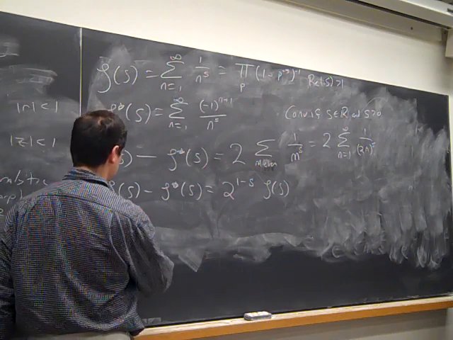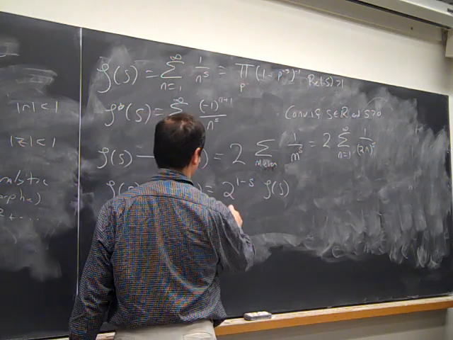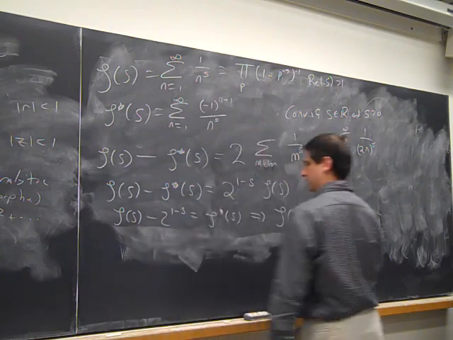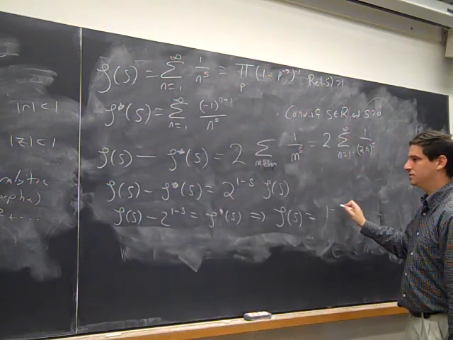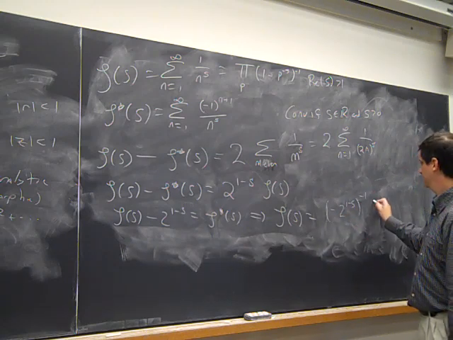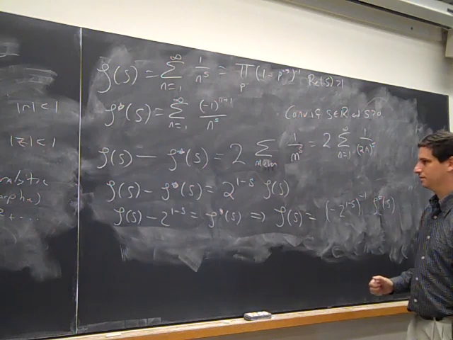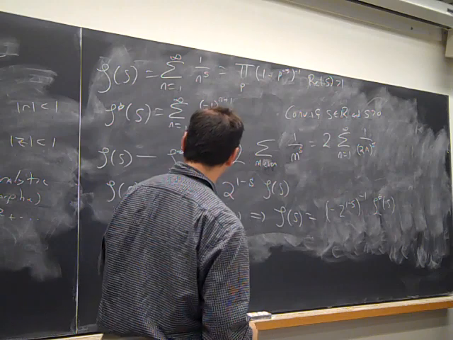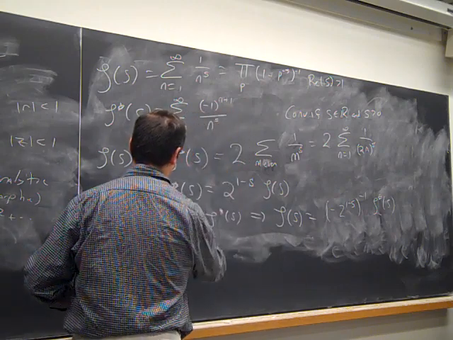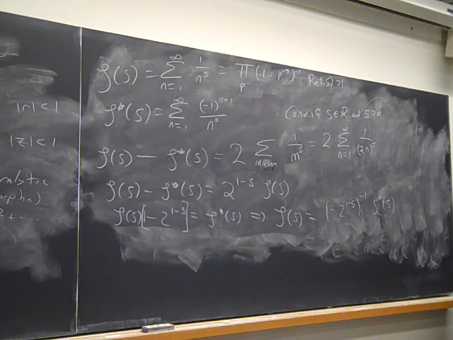So I get zeta of s minus 2 to the 1 minus s zeta of s is zeta star of s. Or, in other words, zeta of s is 1 minus 2 to the 1 minus s inverse zeta star of s. You left a zeta out of the left-hand side. Yeah, the left-hand side. Oh, yes, we did, thank you. So, that's one way to cover myself, thank you.